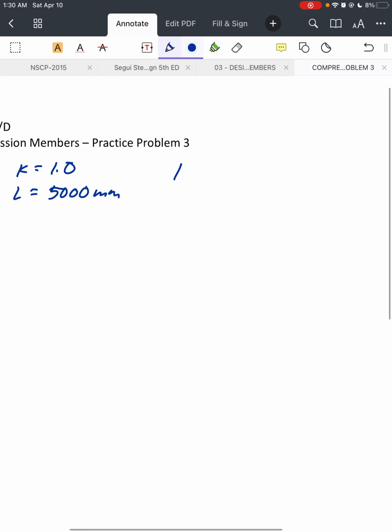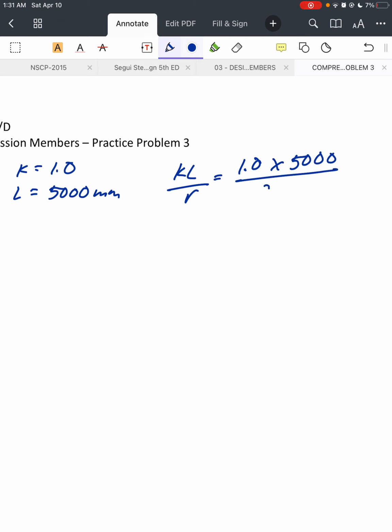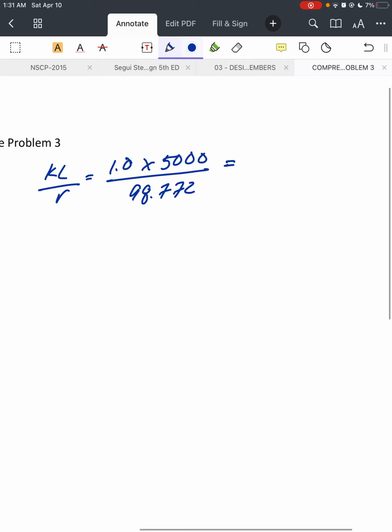Your KL over r will be equal to 1.0 times 5,000 over 98.772. So that is equal to 50.622.